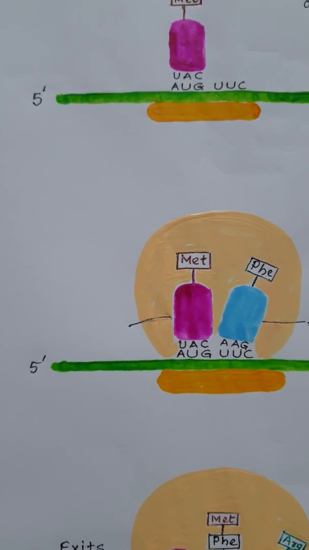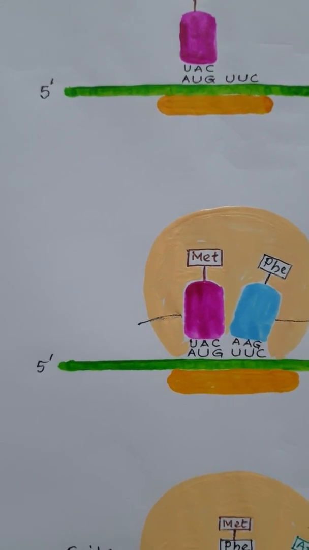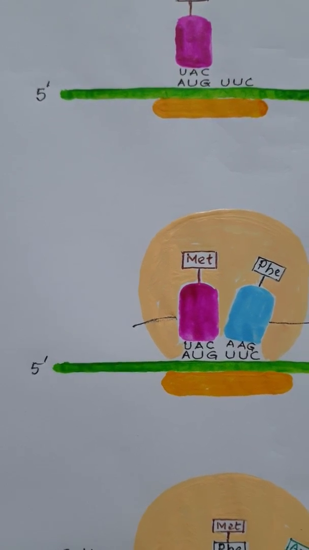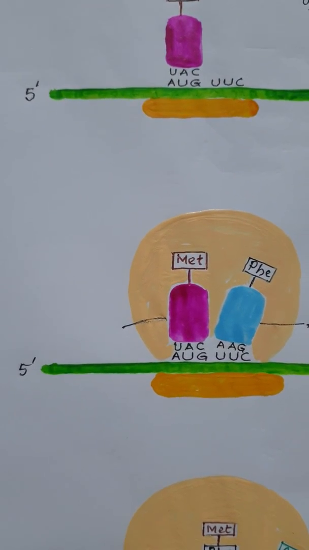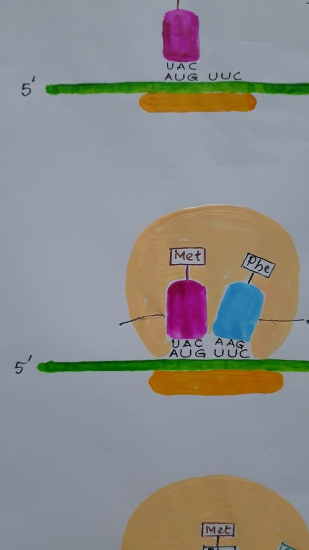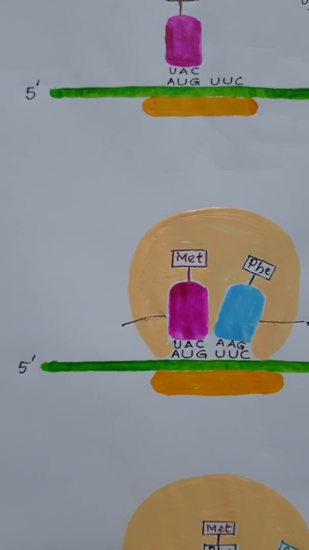It simultaneously binds to the peptidyl site of the large subunit of the ribosome with the help of divalent magnesium cation Mg2+.